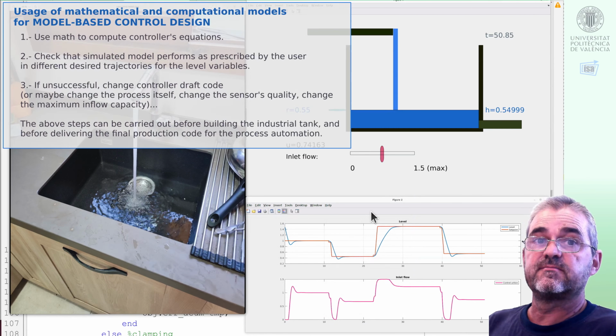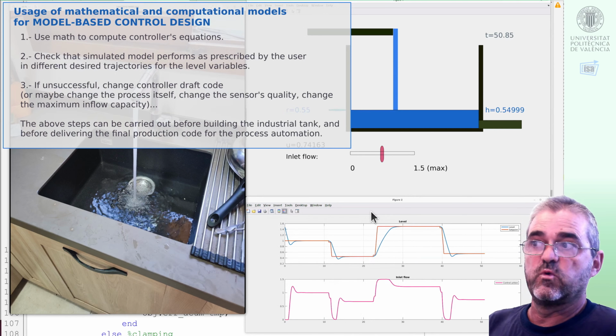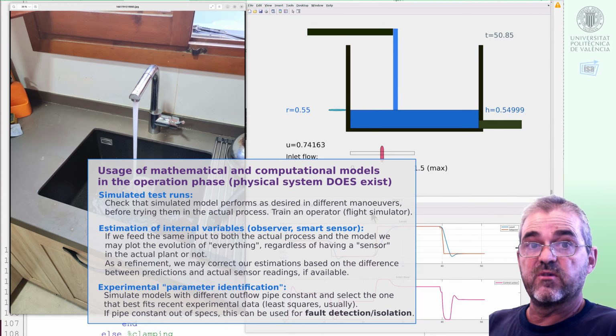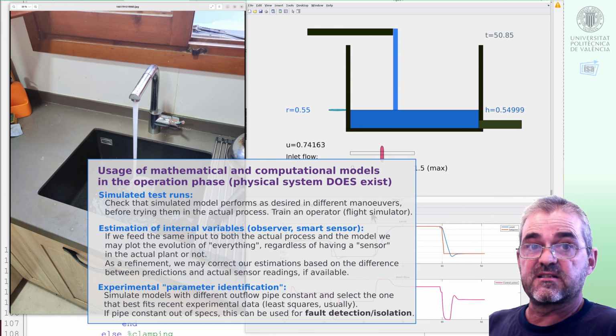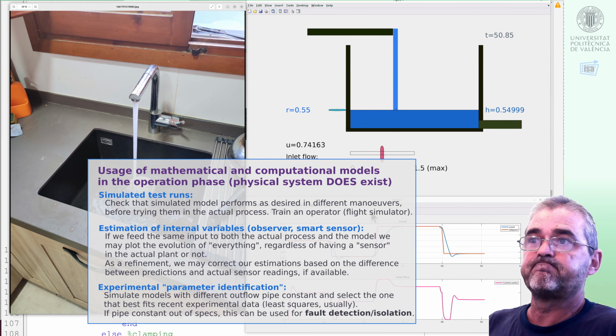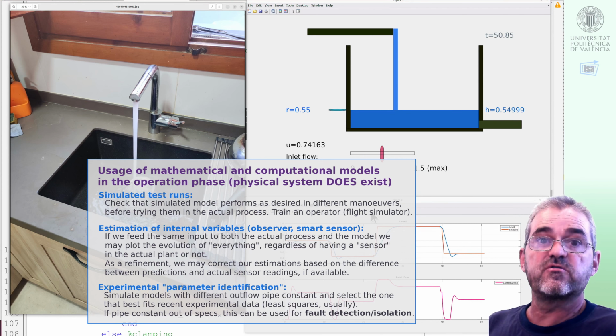We can use the models to design control software in a faster way than doing lots of tests and experiments on the real thing. And we can use the models in real time, the digital twin, running in parallel to my system as observers, smart sensors, estimating what's happening inside, even if I do not have a physical sensor for that particular thing I am interested upon. Or we can use it to identify physical parameters and diagnose faults.